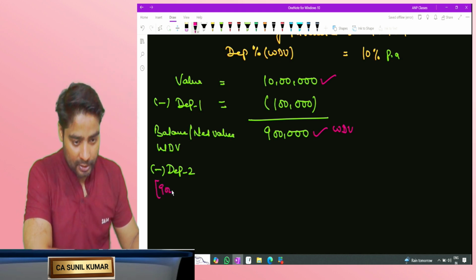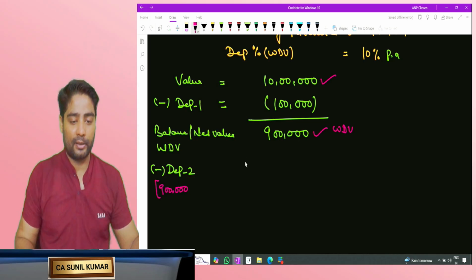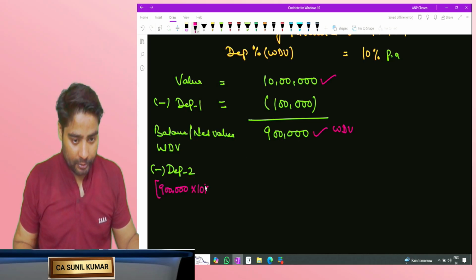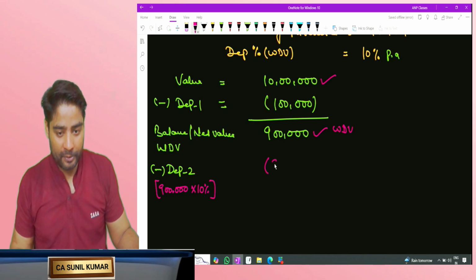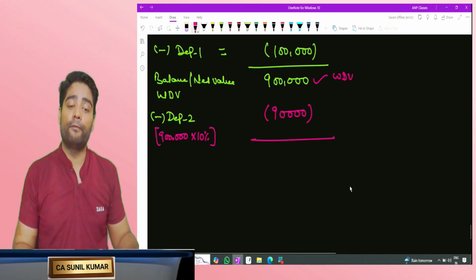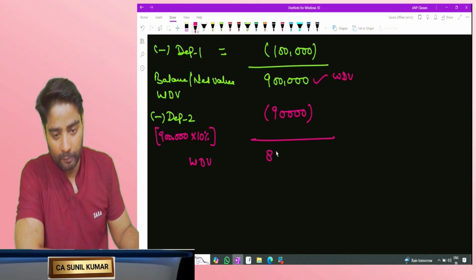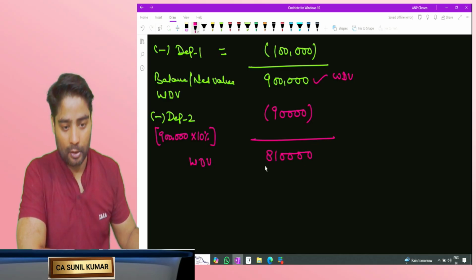Okay, so this is the difference between the WDV method and the SLM method. 10%. So what will be my depreciation? Sir, my depreciation will be 90,000. And what will be my WDV? Sir, my WDV for the third year will be 8 lakh 10,000.